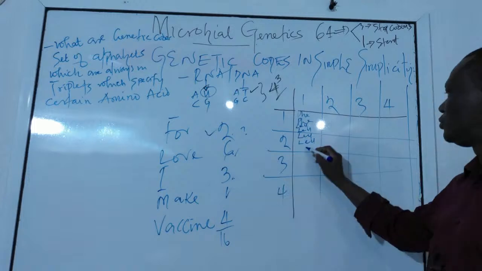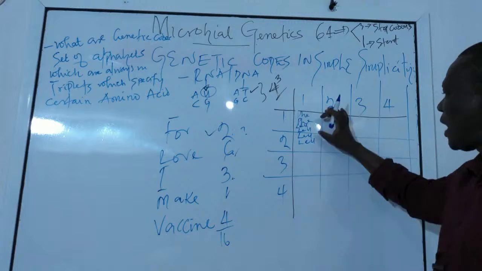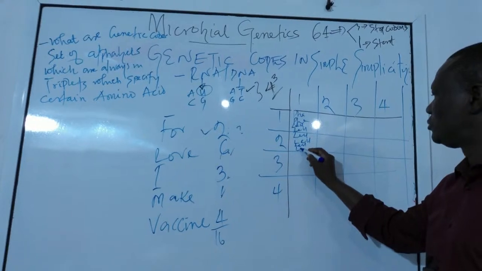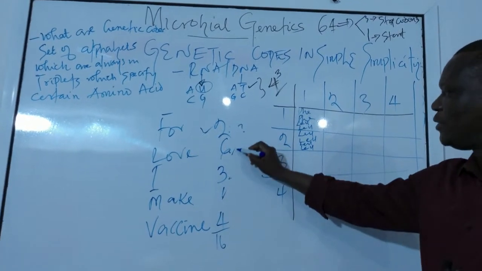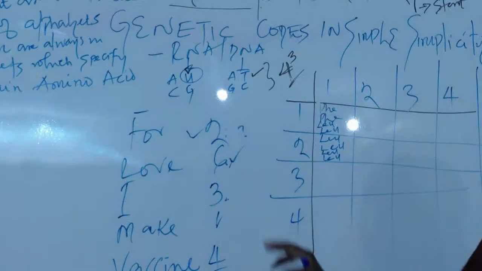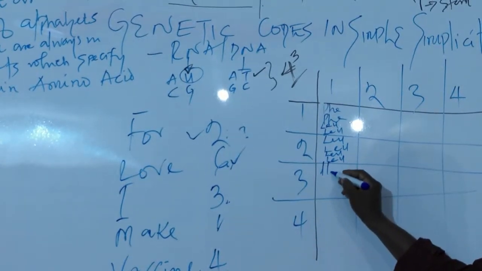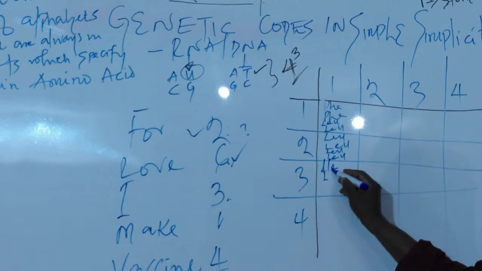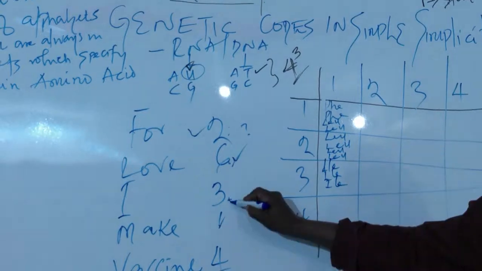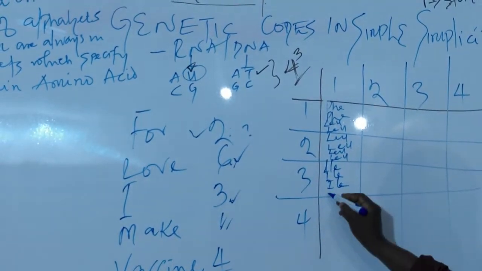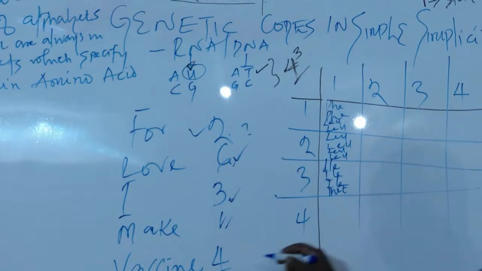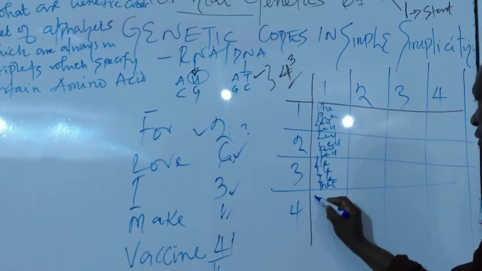There will be 4 amino acids in each of these columns. So we are done with 6. High is isoleucine, represented by Ile, which will be 3. Immediately after that we have 1. Make stands for methionine. And the last 4, which is vaccine, will be valine.